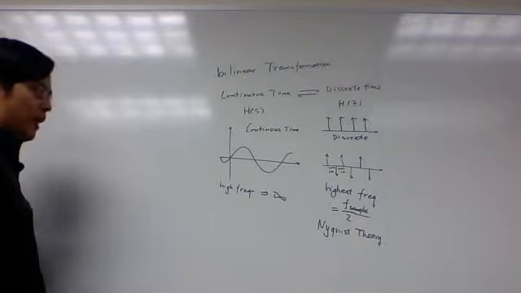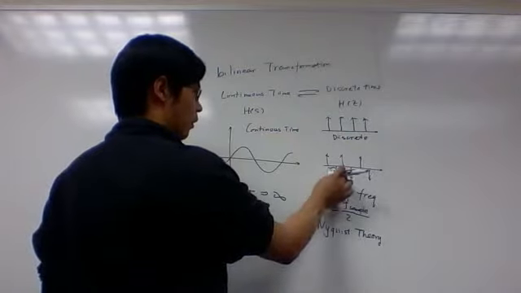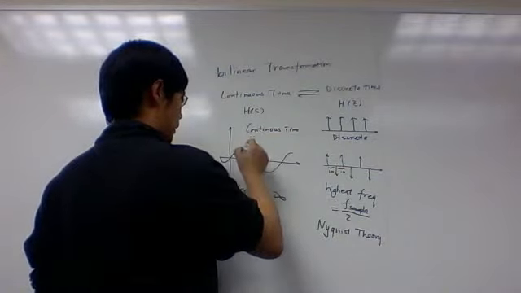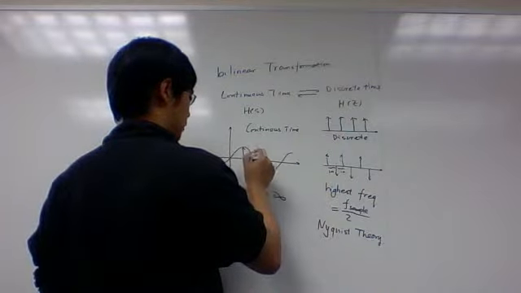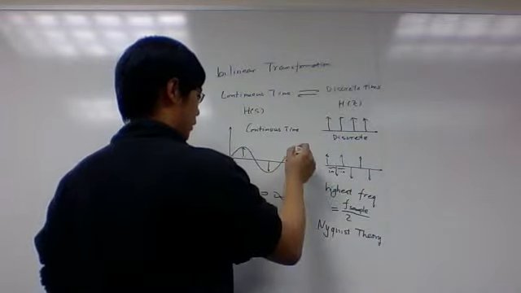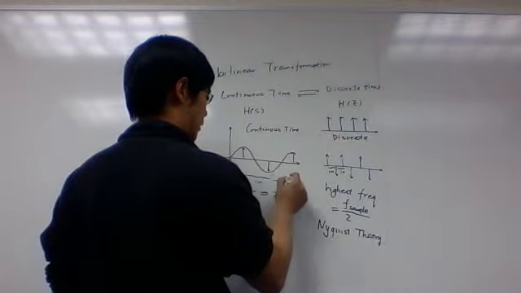So what if, let's say for example here, you're sampling here and here and here. Let's say this is 1 nanosecond and this is another 1 nanosecond.